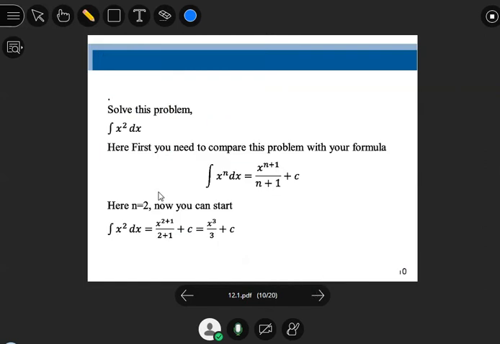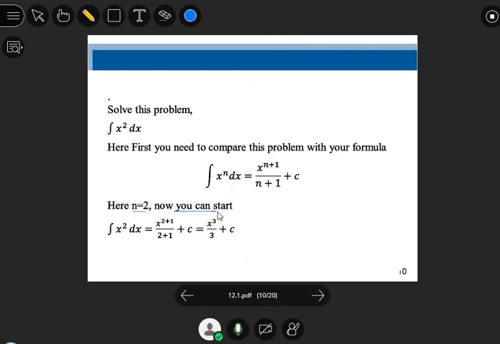So move to this example. You need to solve this problem. Integrate x squared with respect to x. Here first we compare our problem with the formula. We know this is our formula. First you need to understand what your n is. It is 2.